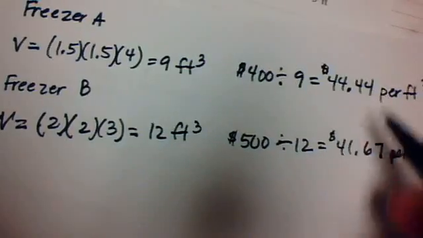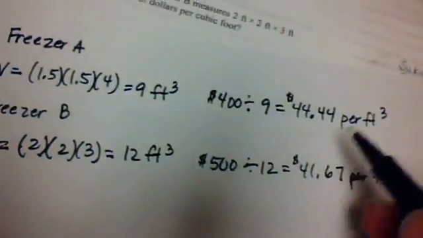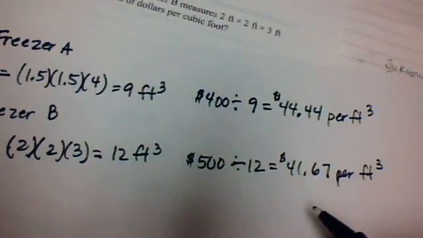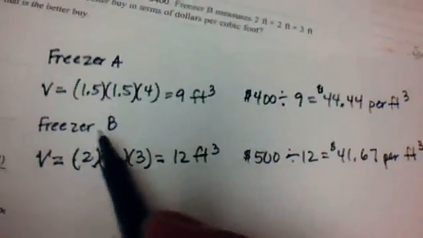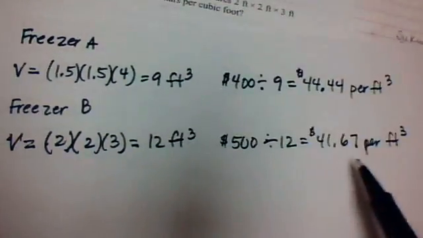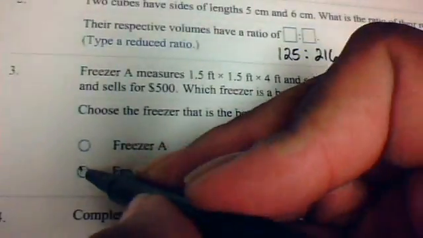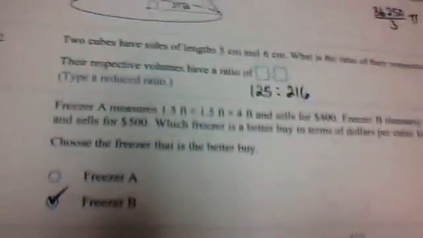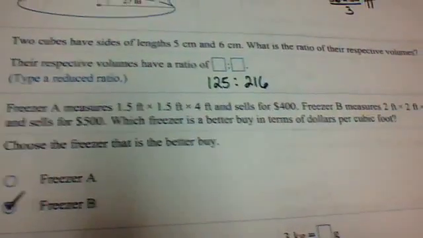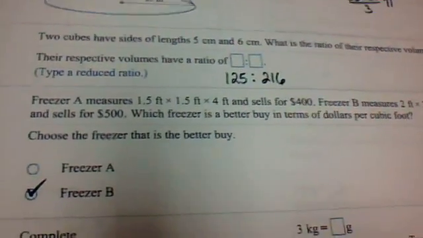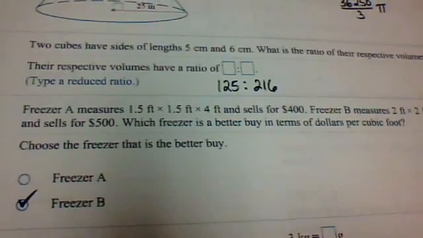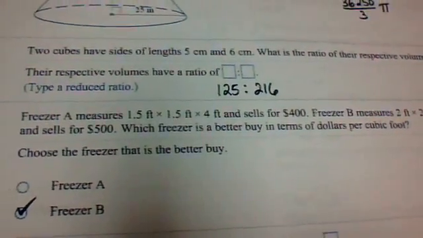And by looking at this, comparing those two, which one would be the better buy? In this case, it would be freezer B, because it's cheaper per cubic foot than freezer A. So to answer that question here, freezer B would be the better buy because it sells at $41.67 per cubic foot, whereas freezer A was selling at $44.44 per cubic foot.